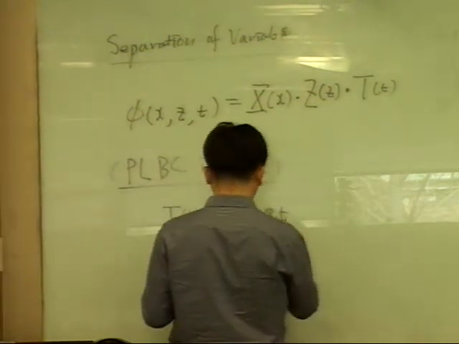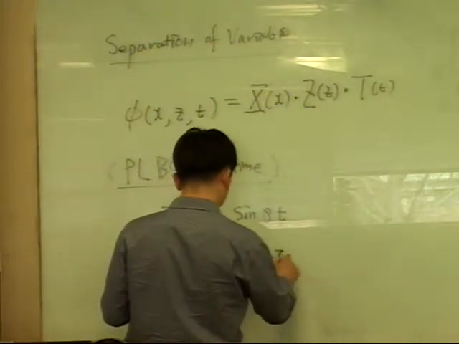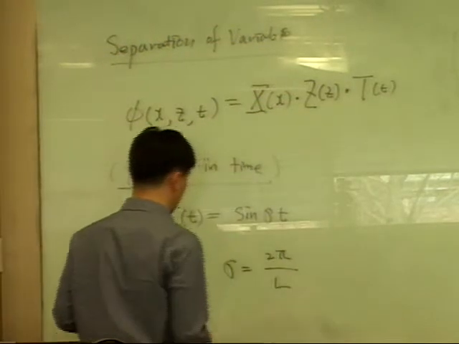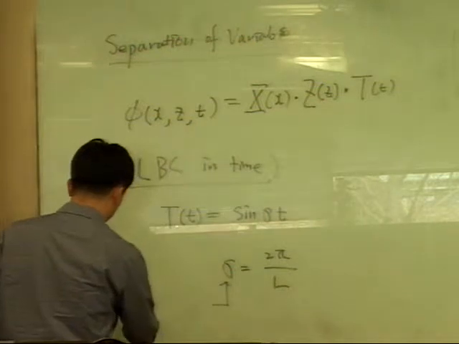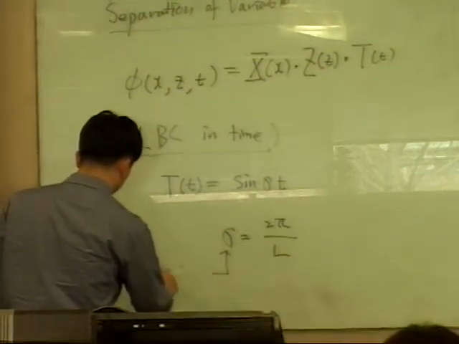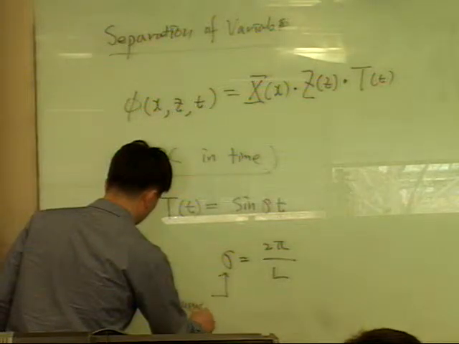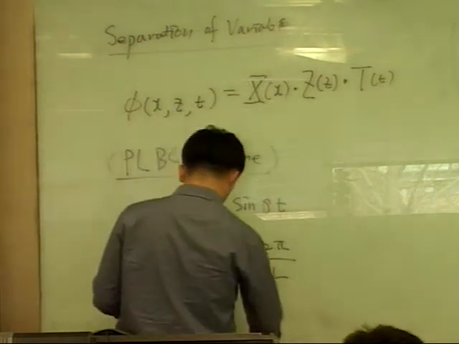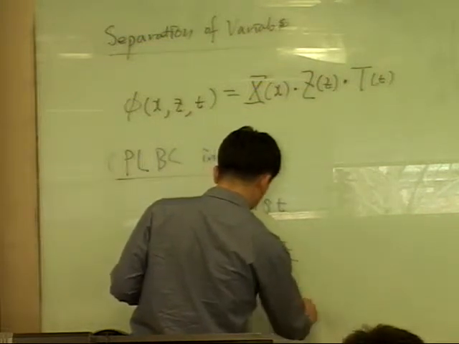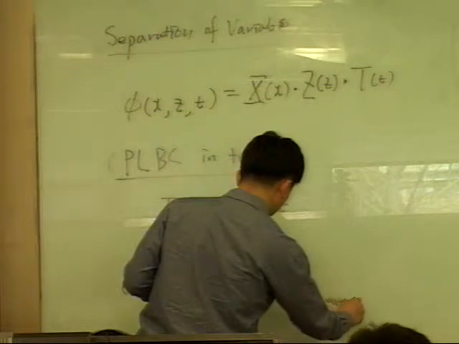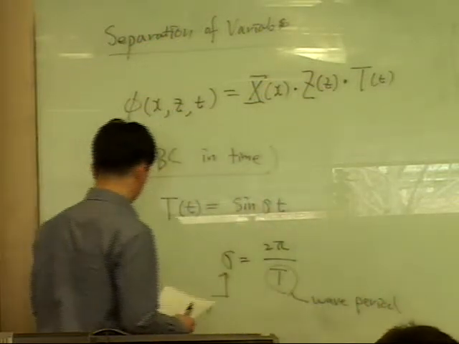And here sigma equals 2 pi over T. Sigma is a frequency, wave frequency. Sorry, this is a T. T is a period, wave period.